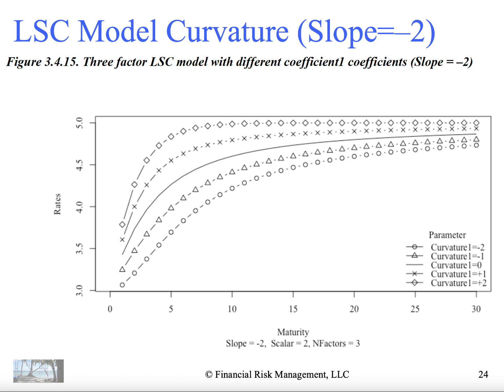Notice that if I start out with the slope of -2, which indicates an upward sloping curve, again, the curvature coefficients with a -2 start out very low and rise more slowly. With a +2, it starts out high and moves up very quickly, and asymptotically gets to the level parameter very quickly.